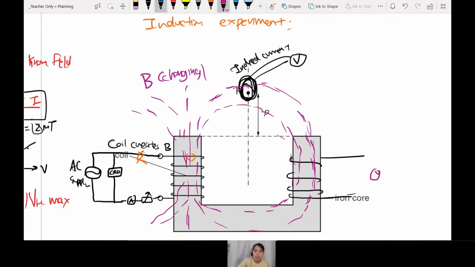If you want to measure the voltage, the induced EMF, you use a voltmeter. If you want to measure current, then you connect an ammeter. It depends, you have to read the experiment. So this one is to measure induced EMF.